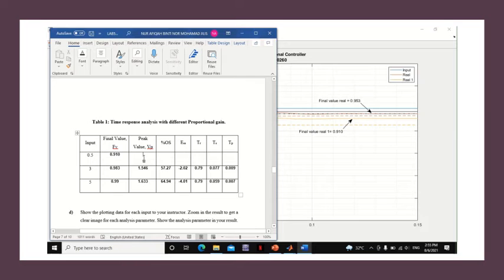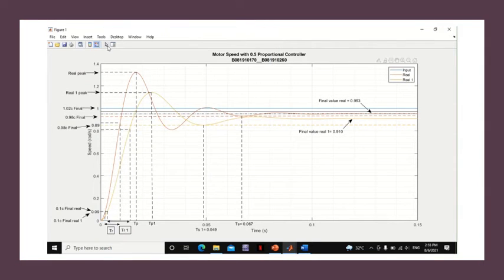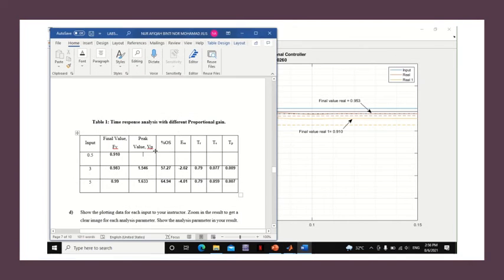So the peak value for this one is, let me see, 1.141.